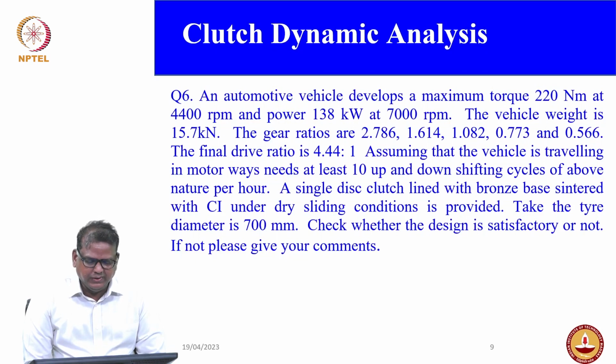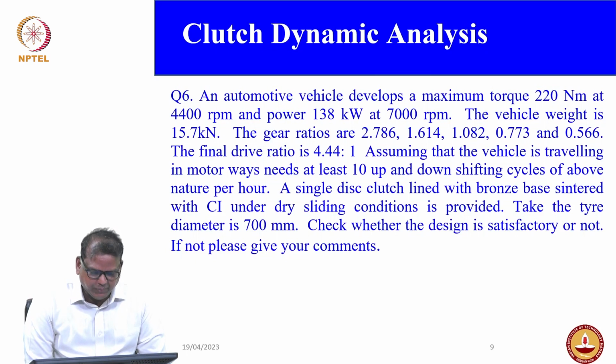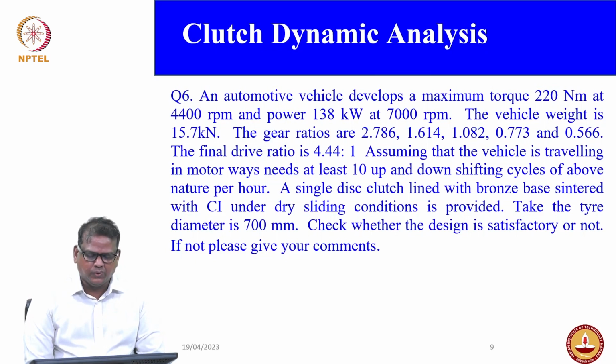An automotive vehicle develops a maximum torque of 220 Newton meter at 4400 rpm and the corresponding power of 138 kilowatt at 7000 rpm. The vehicle weight is given as 57.7 kilonewton.